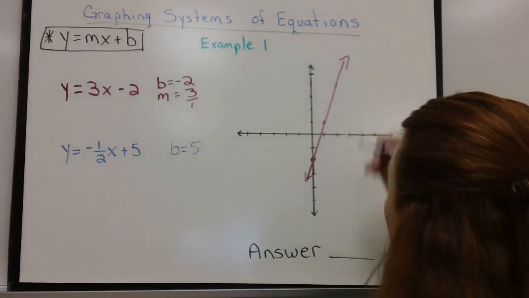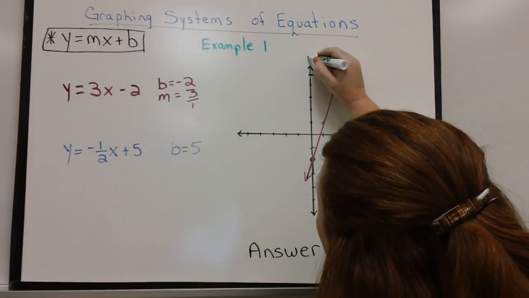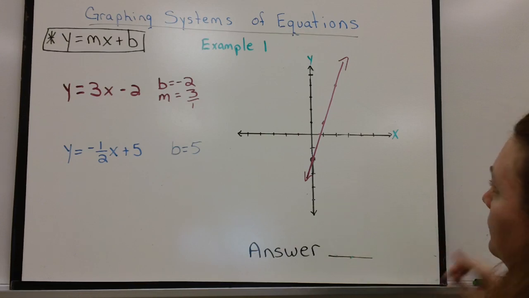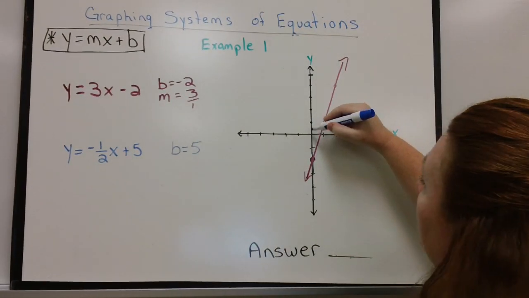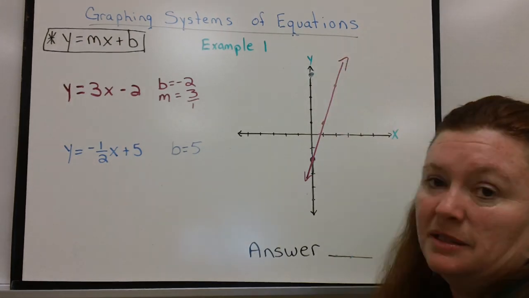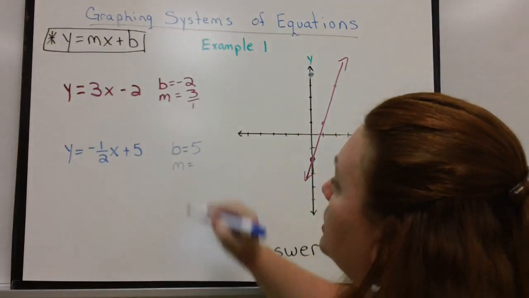So let's do that here. I'll use green. Here's the y-axis. Here's the x-axis. All right, now, 5 on the y-axis means I'm going to start at 0 and count up. 1, 2, 3, 4, 5. There's a dot.